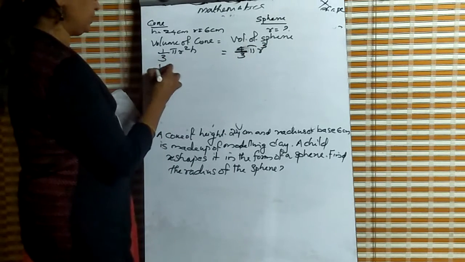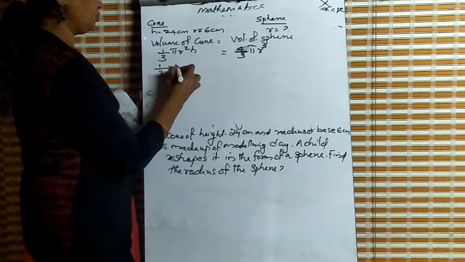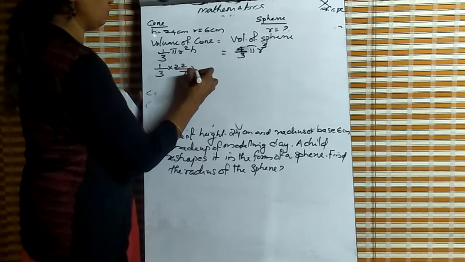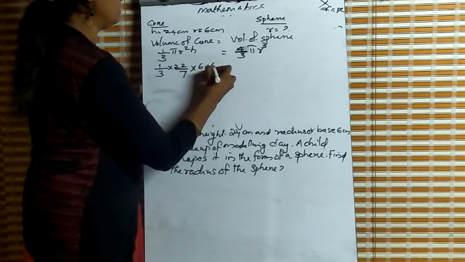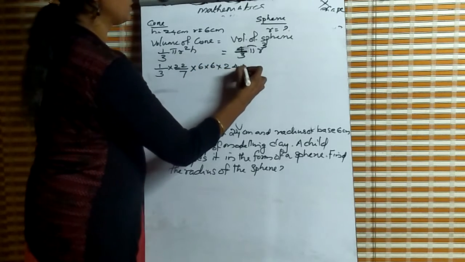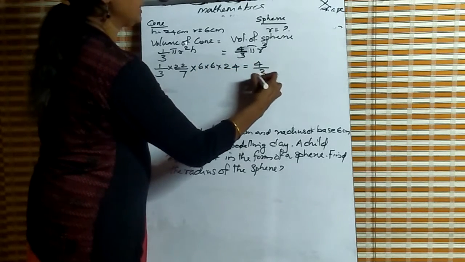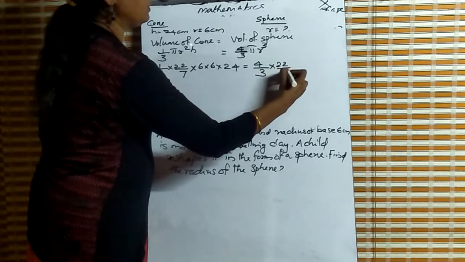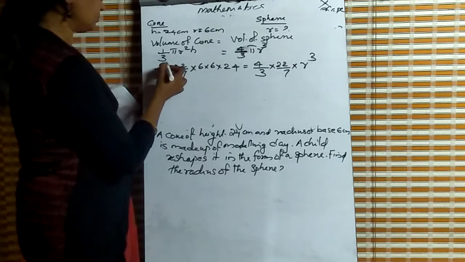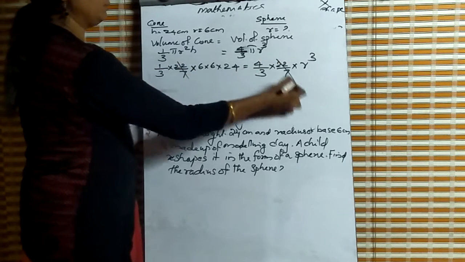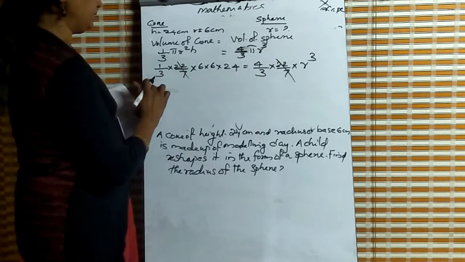Substitute the values: 1 by 3 into pi 22 by 7 into 6 into 6 into 24 is equal to 4 by 3 into 22 by 7 into r cube. Here 22 by 7 and 1 by 3 cancelled.